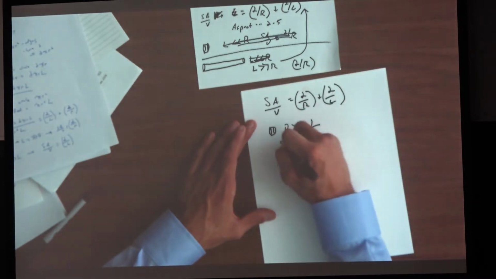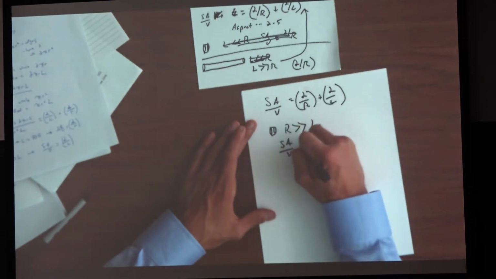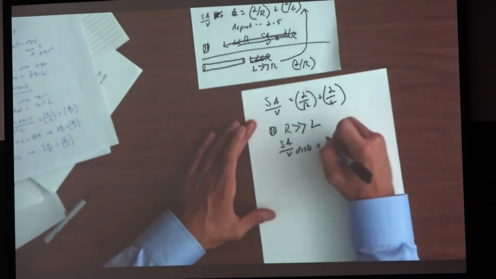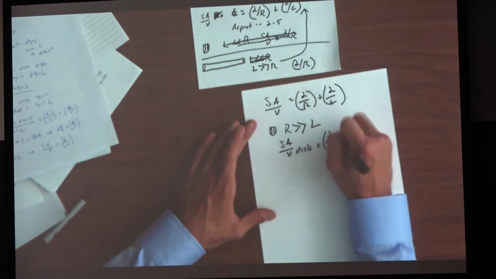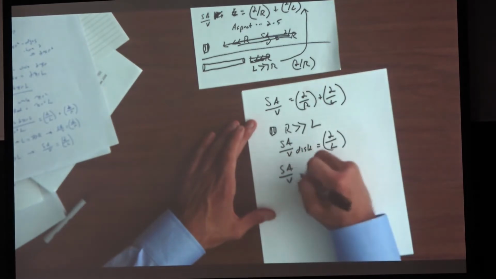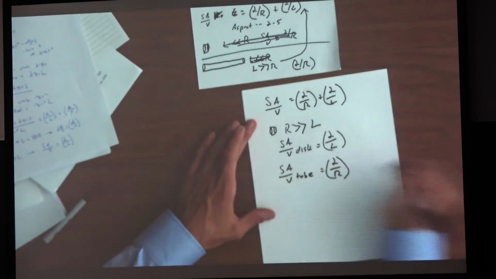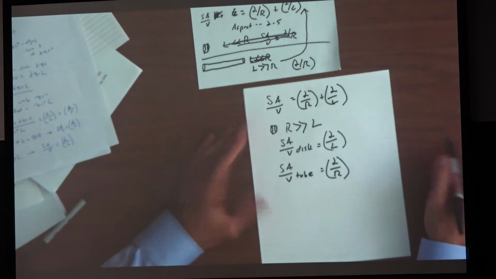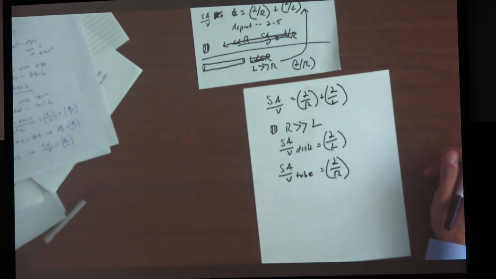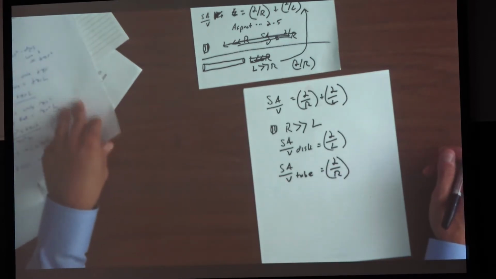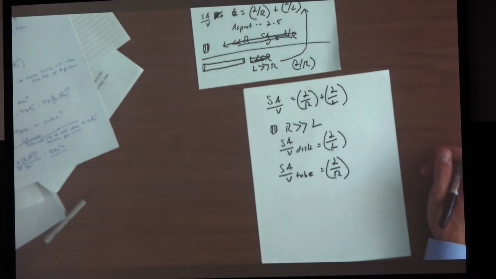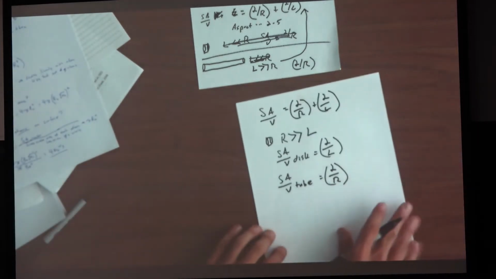So we can say that the surface area to volume for a disk essentially is 2 over L, and that the surface area to volume for a tube is 2 over R, right? Okay. So those are just kind of fun rules of thumb.